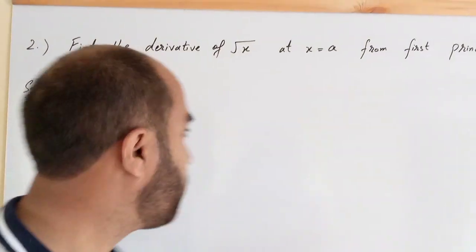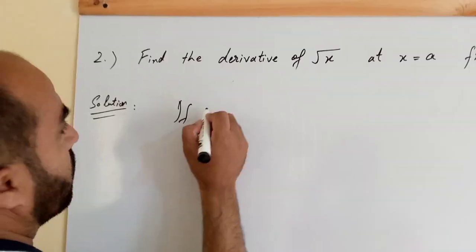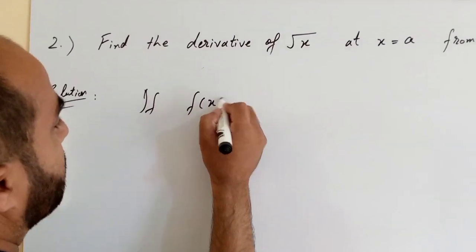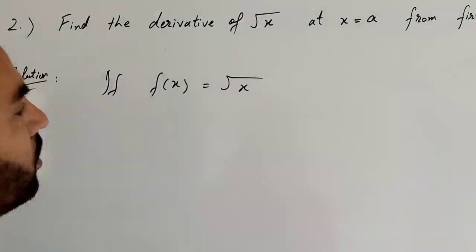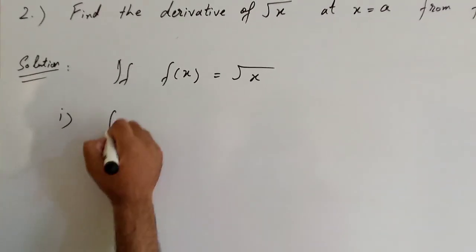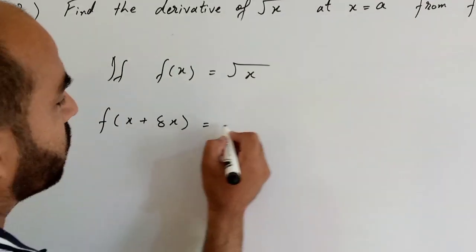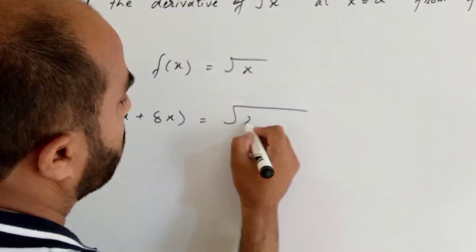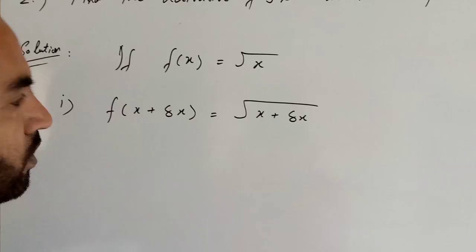So in the first step we have f of x equals square root x. Now we apply the first step: f of x plus delta x equals square root of x plus delta x.